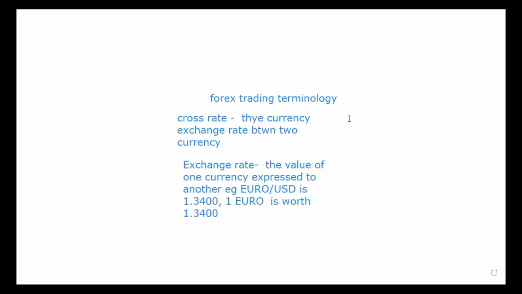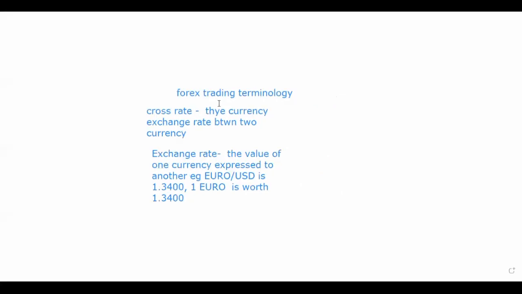So we go to another Forex terminology. We have what is called PIP. It's important. Take note of this. We'll be talking about the smallest increment of price movement a currency can make. The smallest increment of price movement.